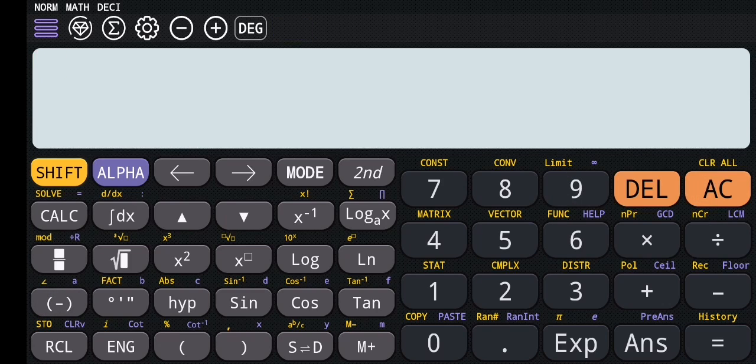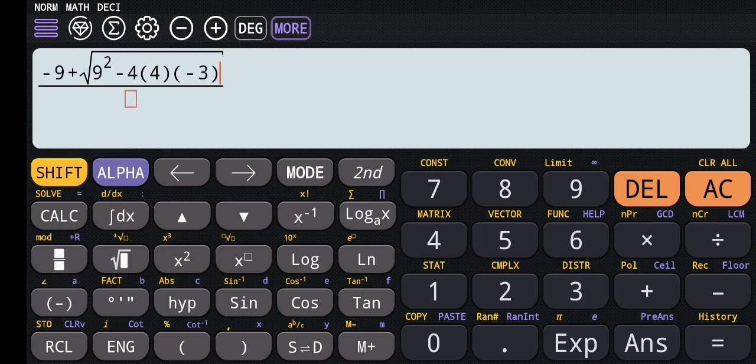Negative 9 plus the square root of 9 squared minus 4 times 4 times negative 3, divided by 2 times 4.